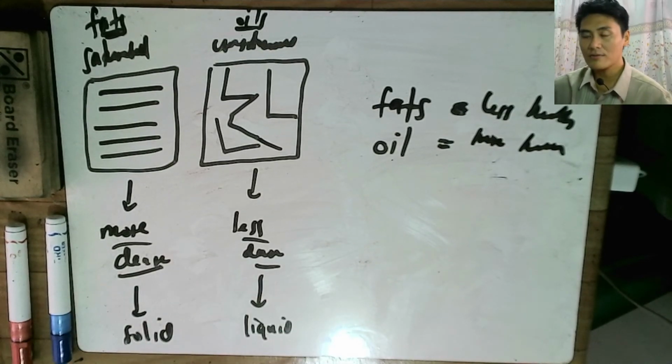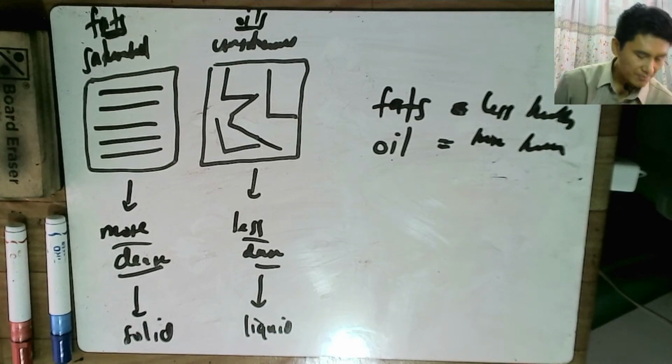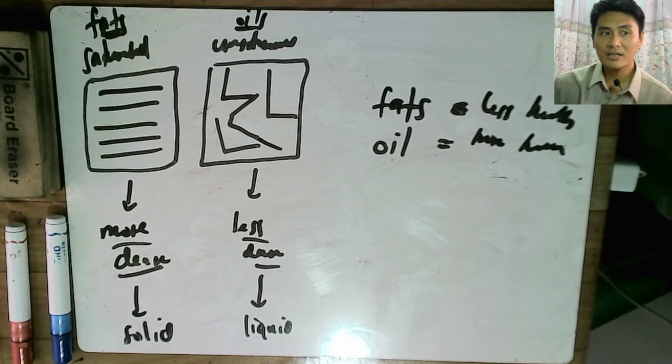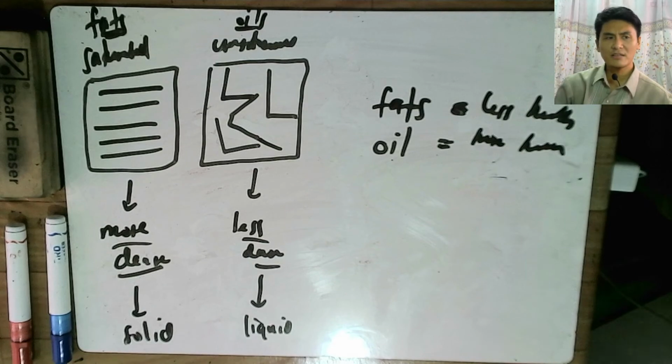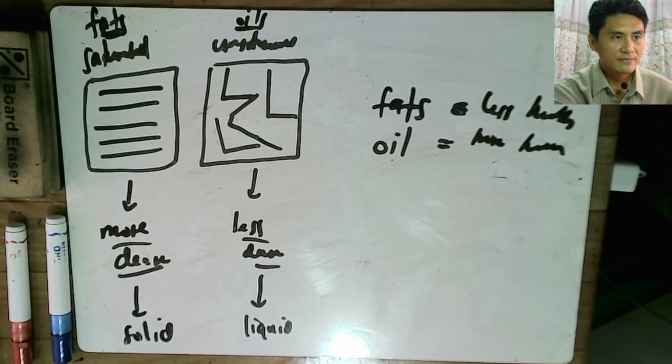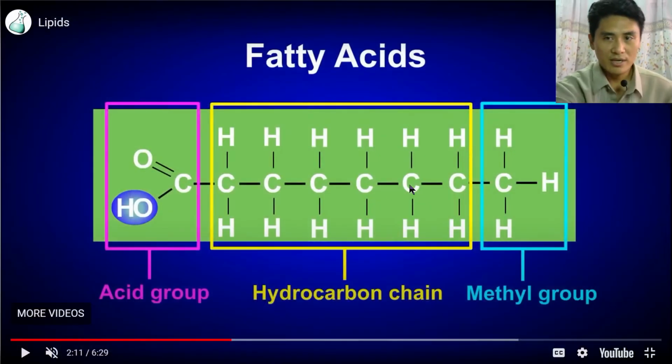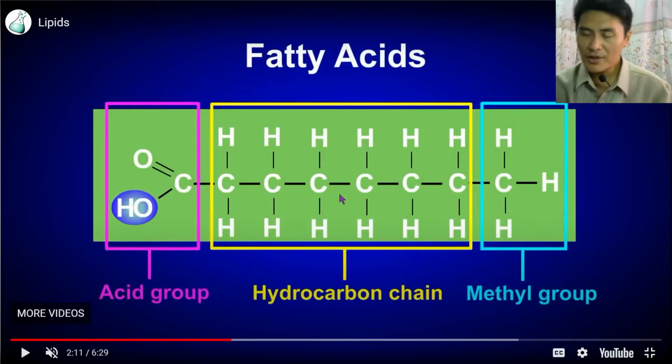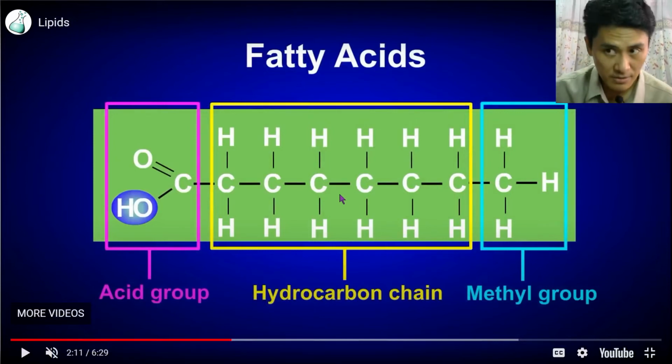It's not as straightforward like that, because from the perspective of chemical reactions, when we look at fatty acids, the saturated fatty acids, all of the bonds are single. Sorry, I'm not showing my screen. All of the bonds are single bonds. And as a rule of thumb, single bonds are more stable than double bonds, than triple bonds.